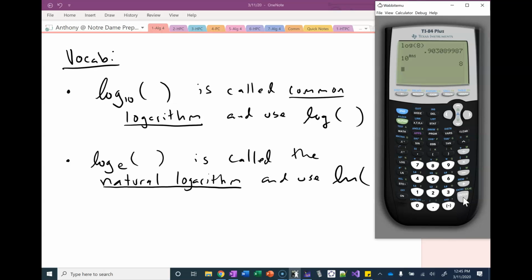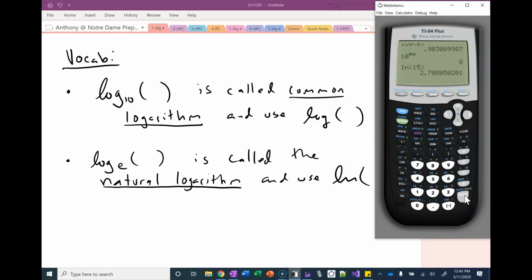What if we wanted to do the natural log of 15? Well, if you look at your calculator, you'll notice right under that button that says log is a button that says ln. So I can just type in the natural log of 15, which gives me this decimal. What is that number representing?